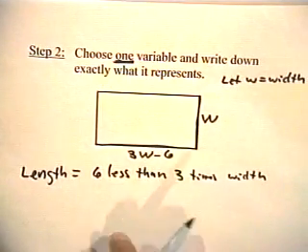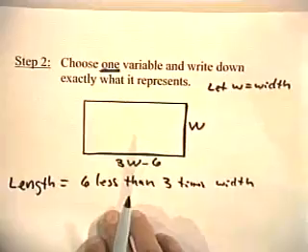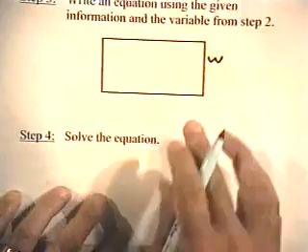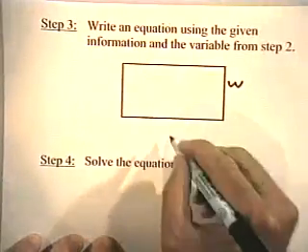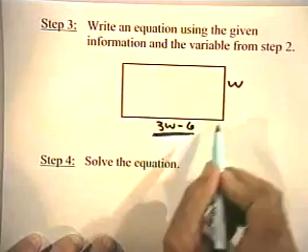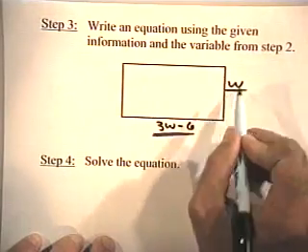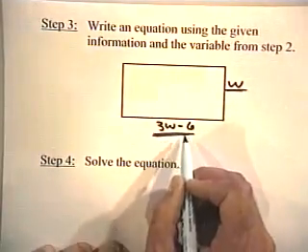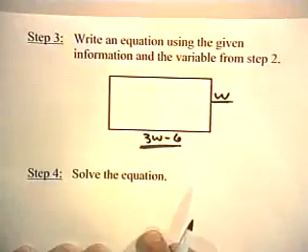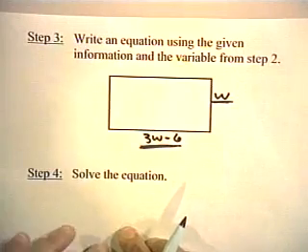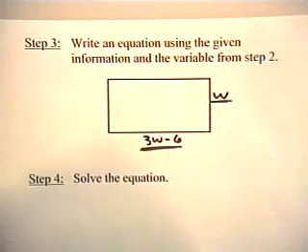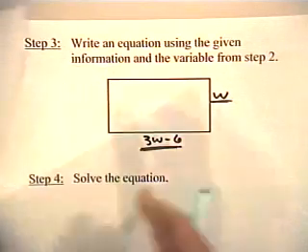Okay. Step 3. Here is my drawing. I have come up with these two ways to represent our length and our width. Width was w and our length was 3w minus 6. Well, step 3 says to write an equation. Step 4, solve the equation. So let's go back to the original problem. What else did it give us?